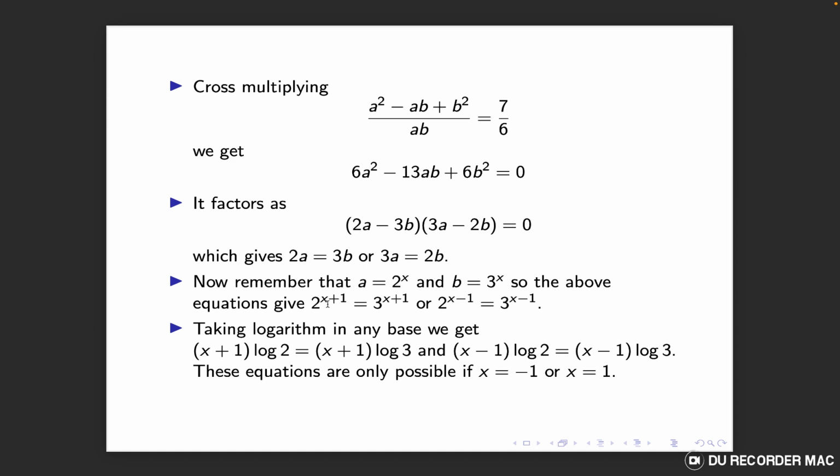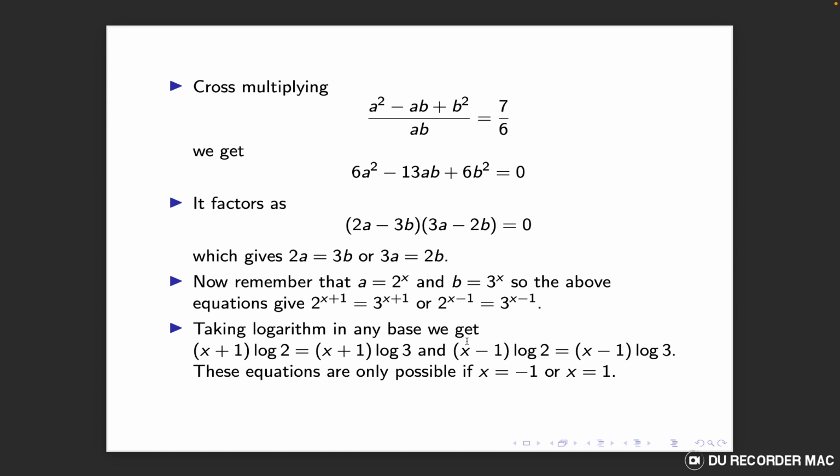Now we want to solve this equation, which is 2 to the power x plus 1 equals 3 to the power x plus 1. We can just take the logarithm in any base. So the power comes down in front of the logarithm, and we obtain (x plus 1) log 2, for example, equals (x plus 1) log 3. We obtain a similar equation for the second equation.